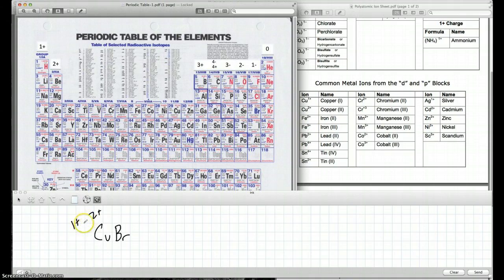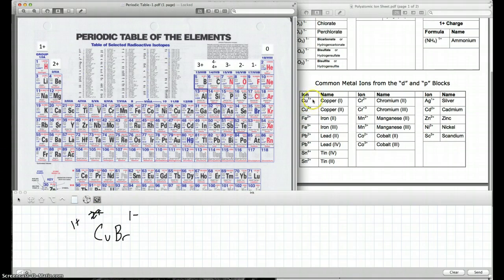The way we figure it out is by looking at what it's paired up with, bromine. Well, bromine, right here, is a -1. Again, our goal is to have these things add up to 0. Well, if this is a -1, this must be a +1. So it's not that version of copper, it's that version.